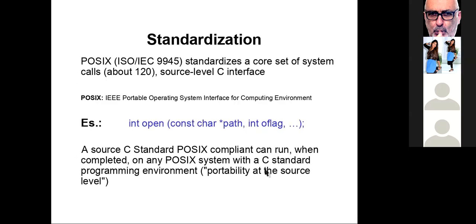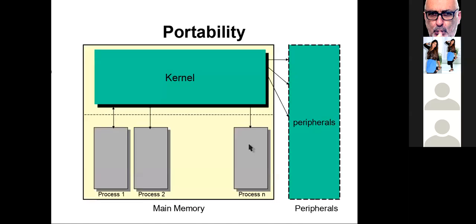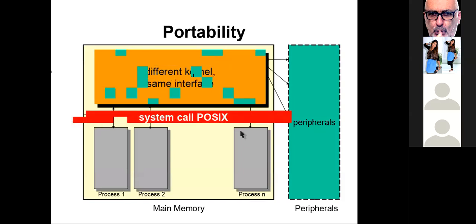We go on. This is the standard of the Posix in general. Posix can run in any machine, any Posix compliant machine, with this concept of portability through recompilation. Different kernel, same interface, system call Posix.